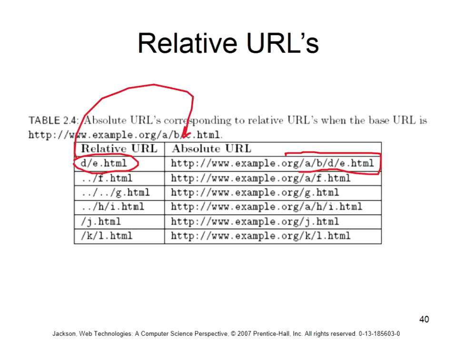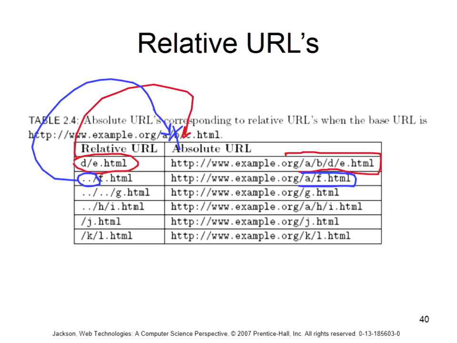Okay? Also, when we write dot dot like this, that means we go up one folder. So b will be eliminated, and we will obtain a/f.html.